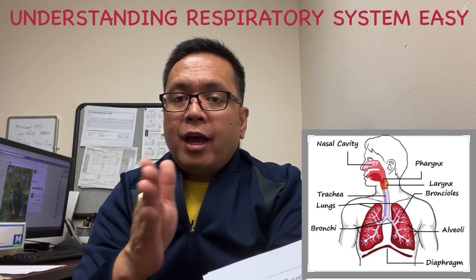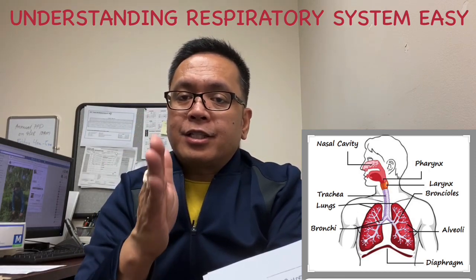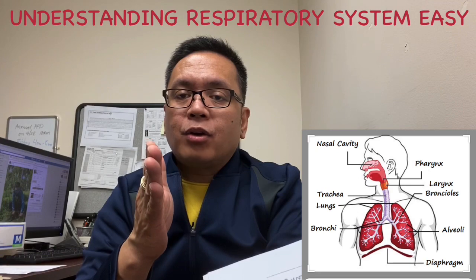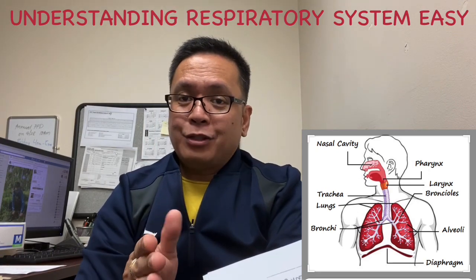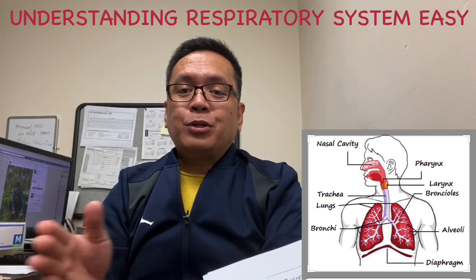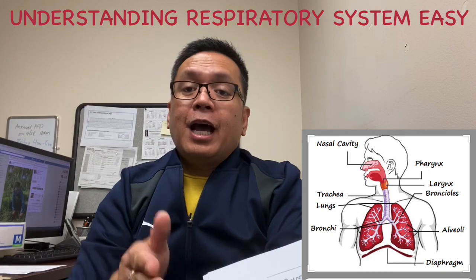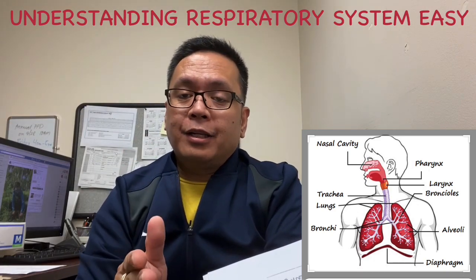Expiration, on the other hand, occurs when the diaphragm and external intercostal muscles relax. If the patient has an airway obstruction, for example, he may also use abdominal muscles and internal intercostal muscles to exhale.